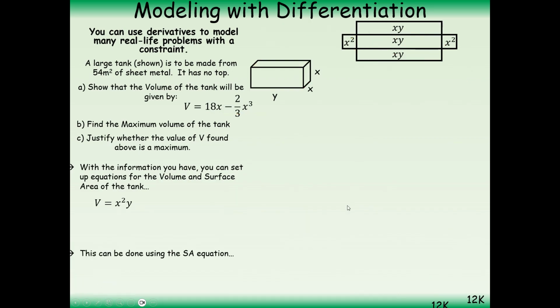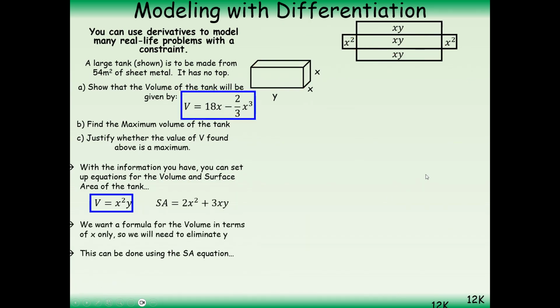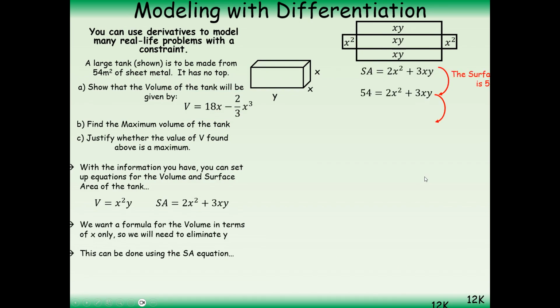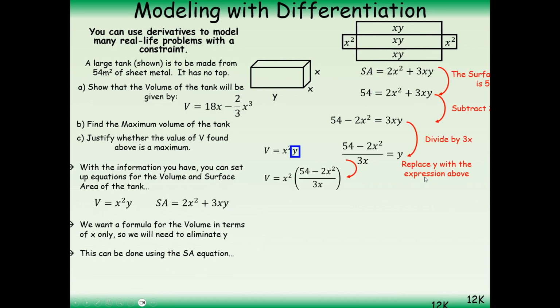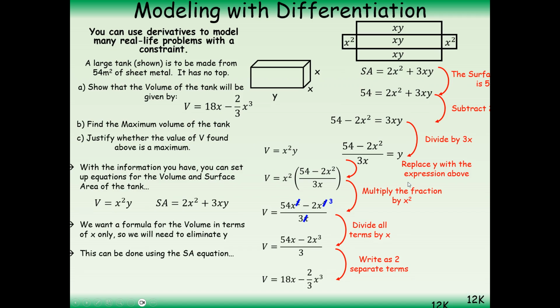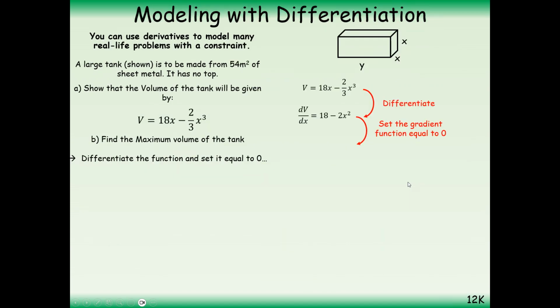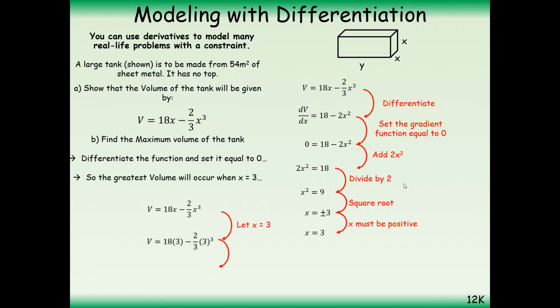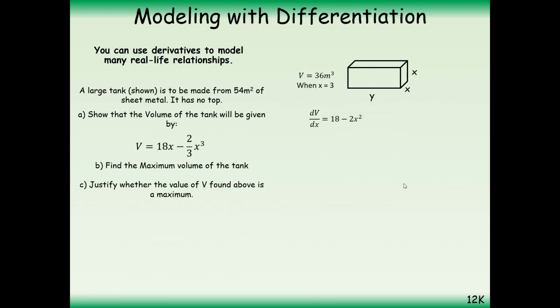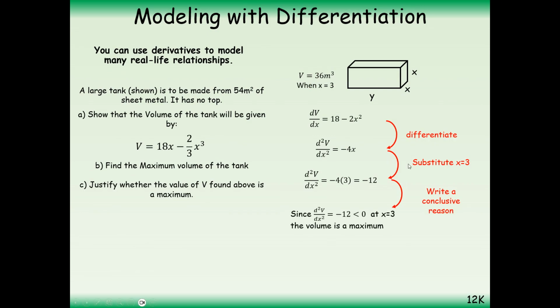So here's a neater version of the same work, and it's exactly what I've done by hand. We went through the working out, we found x to be 3, and so on. This justifies that the value we found for x gives us a maximum volume.